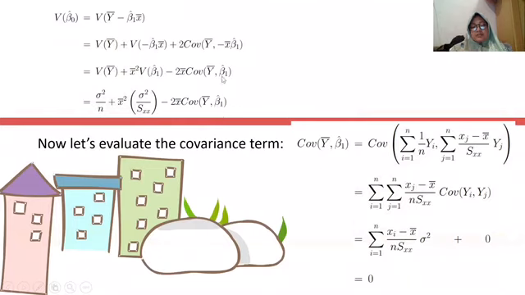Then the covariance of y and beta hat 1 is 0, and then the final answer, the variance of beta hat 0, is this.